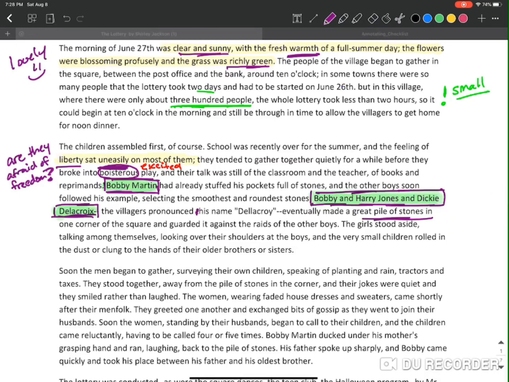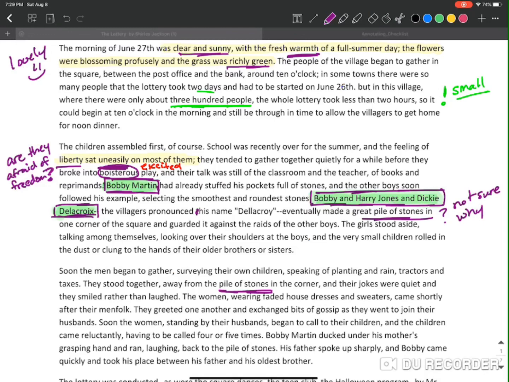I'm not sure why. Why are they all doing this? Because it talks about the stones later down here, and it just seems to be a thing. So I'm going to definitely pay attention.